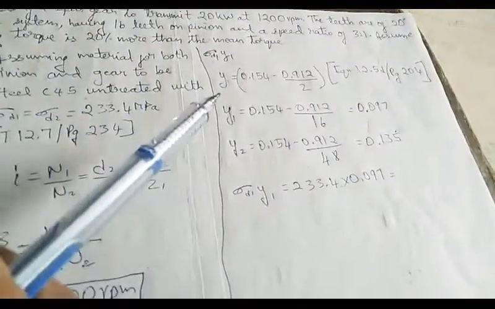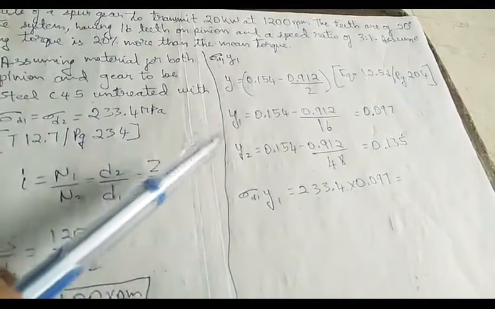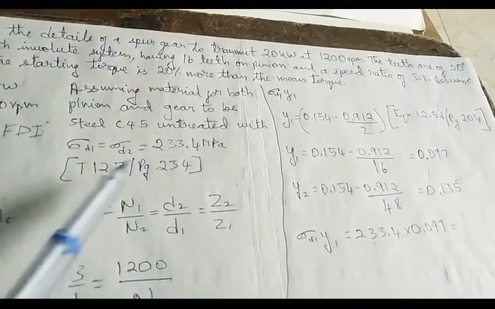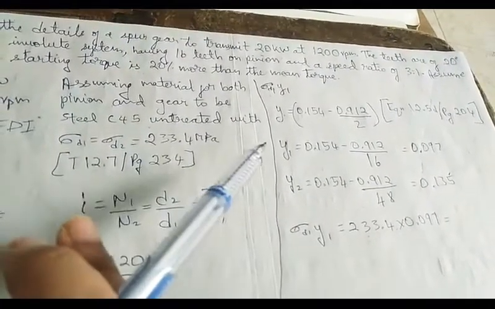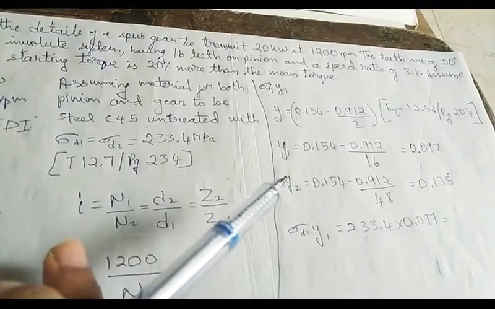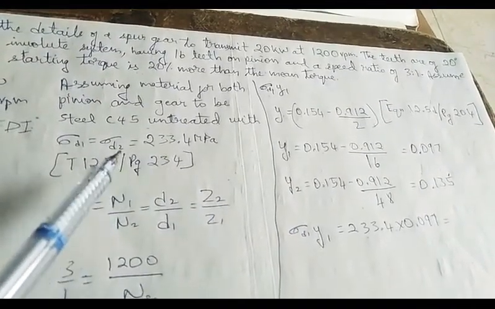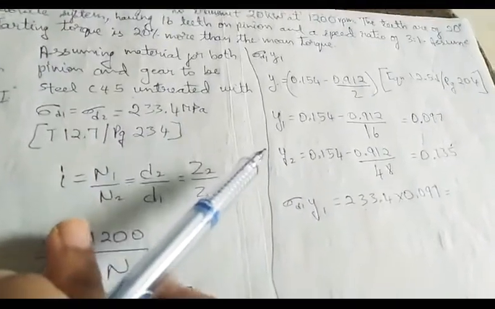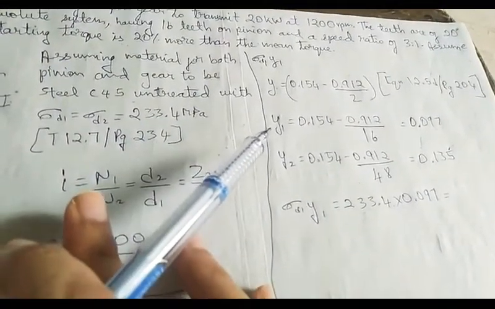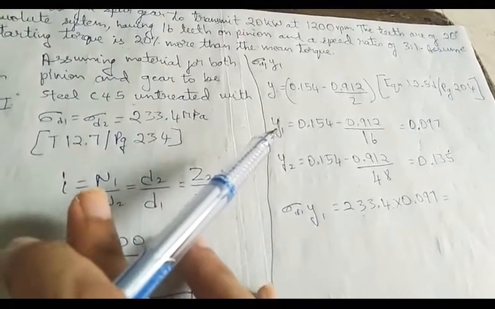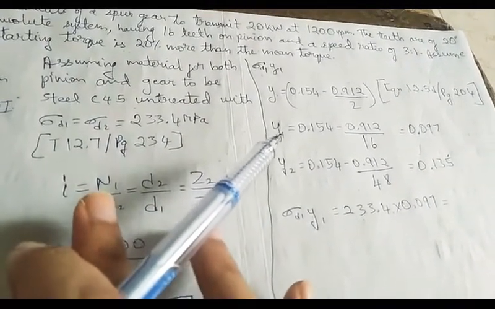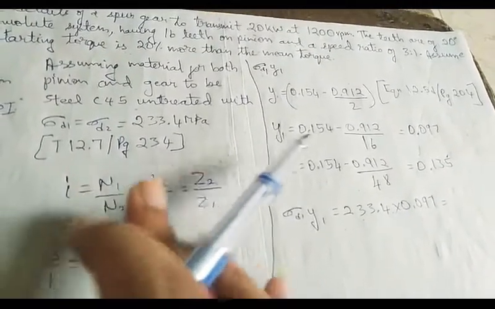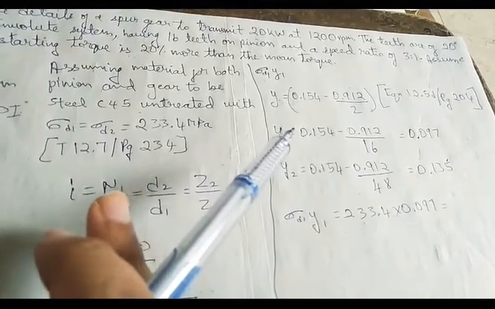By comparing y1 and y2, we have the sigma d values the same, so even if we multiply with y1 and y2, we will get the same answer. So without multiplying the allowable stresses, simply find the lowest value. The Lewis form factor is lowest for y1, that is pinion. Our design should be based on the weaker member, so the design should be based on pinion.